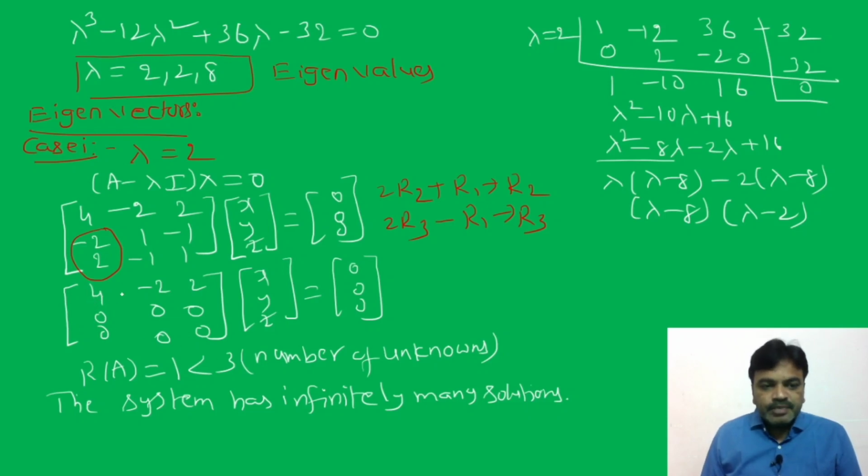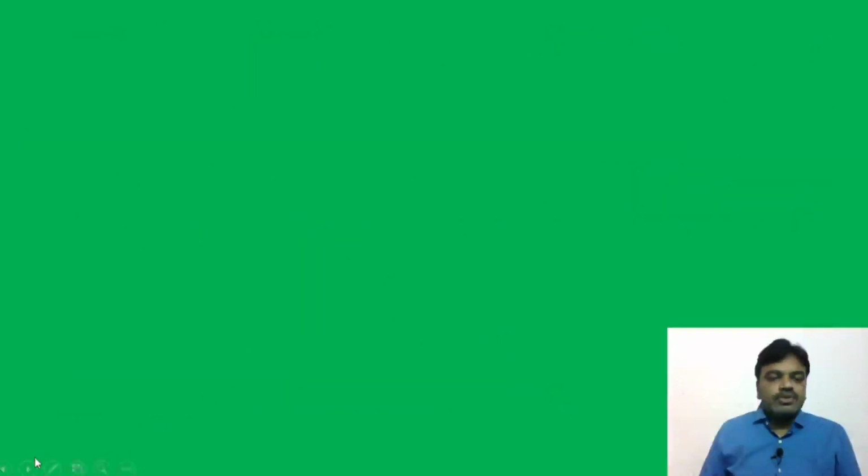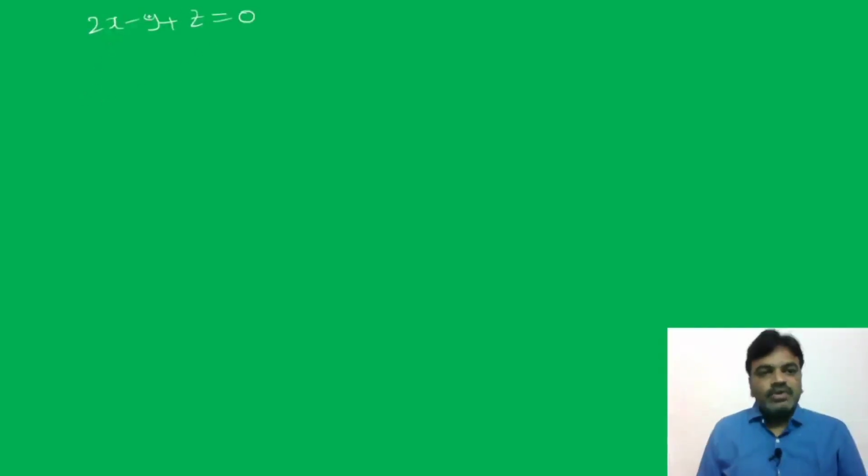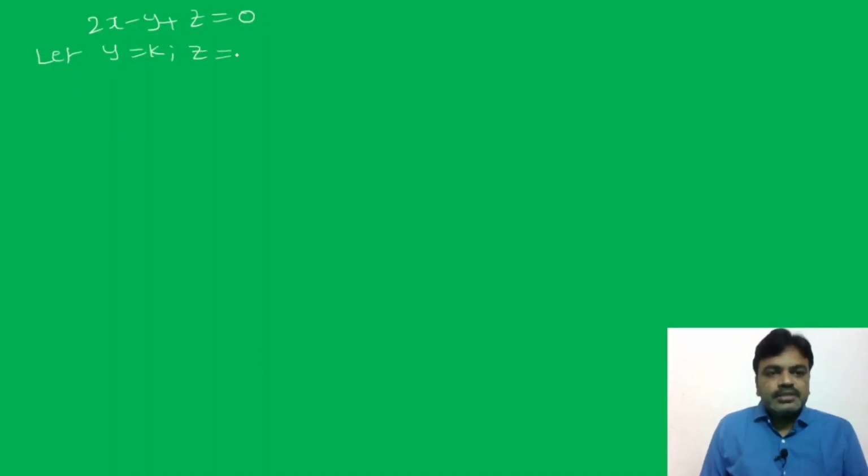Now write here, taking common 2, we get 2x minus y plus z that is equal to 0. We have only one equation, friends. So let y be equal to k and z be equal to L. Simply substitute these two y, z values in this equation, we get the x value.